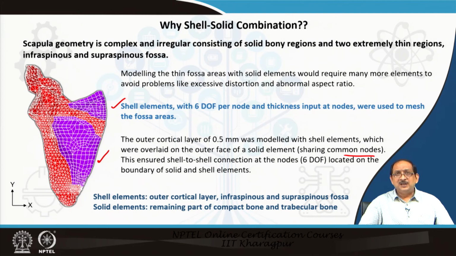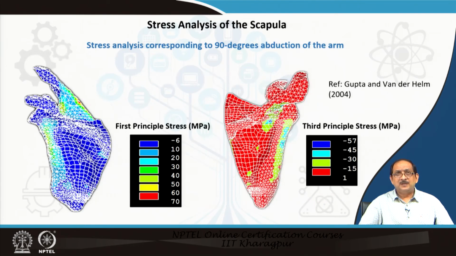So, the shell elements are representing the outer cortical layer and the fossa area, whereas the solid elements are used to represent the compact bone and the cancellous bone regions.